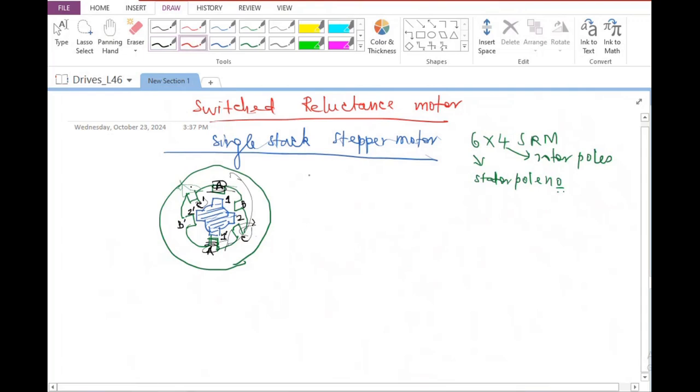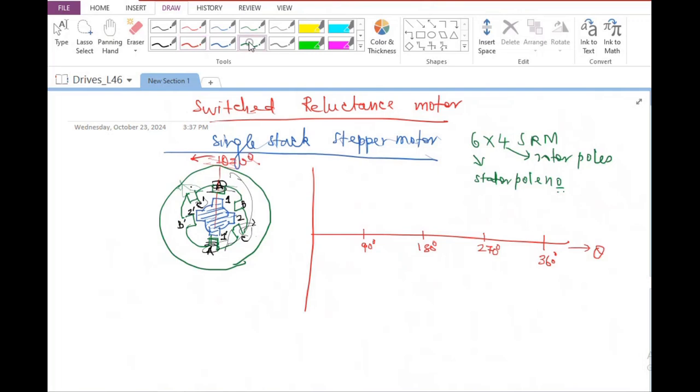So if I try to look at the inductance profile, let us say this is totally 360 degrees: 90, 180, 270, and 360. So we are talking about rotor position theta. Let us say this is theta equal to 0 degrees, and it is rotating in this direction like this.